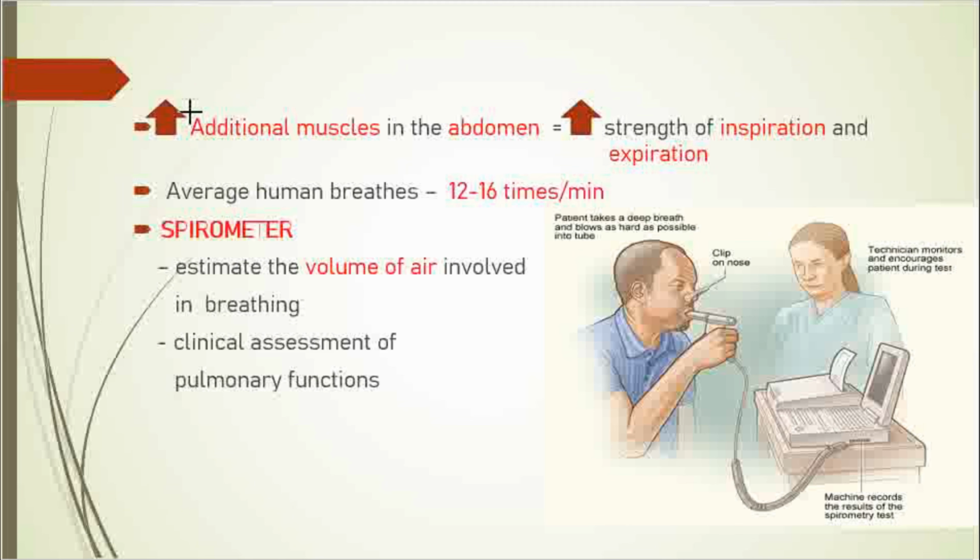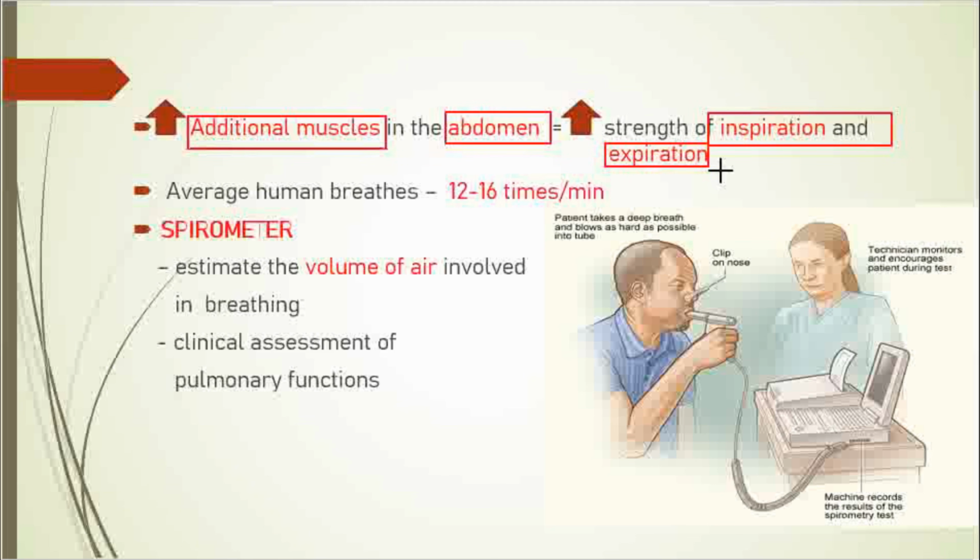If in case there are additional muscles in the abdomen, there is an increase in the strength of inspiration and expiration. So obviously, besides the diaphragm and intercostal muscles, if there are many more muscles, it increases the strength of inspiration and expiration.